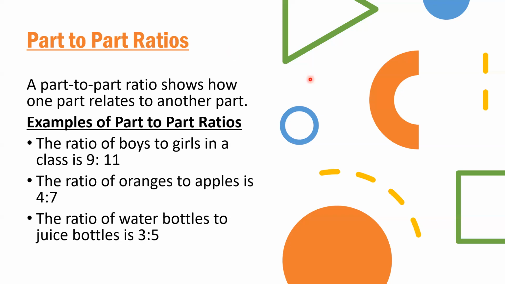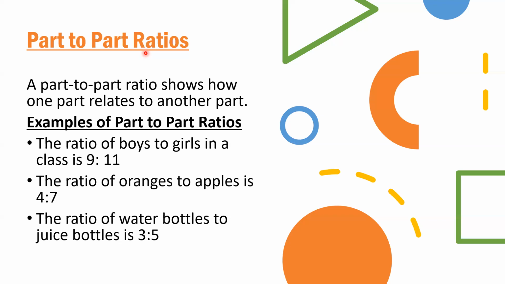I need another reader. Ebony Johnson, can you read this for me, please? Part to part ratio. A part-to-part ratio shows how one part relates to another part. Examples of part-to-part ratios: the ratio of boys to girls in a class is 9 to 11.